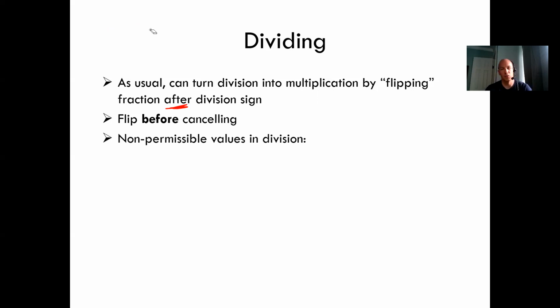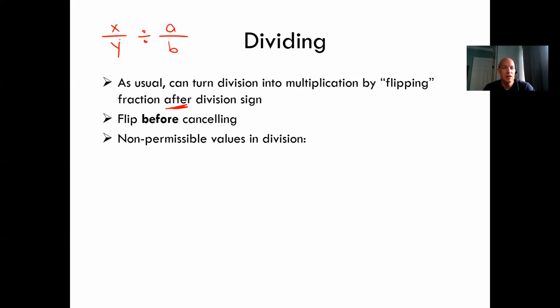Yeah, it's weird. Non-permissible values get a teeny bit trickier, and here's why. Let's say you had x over y, and you were going to divide it by a over b.